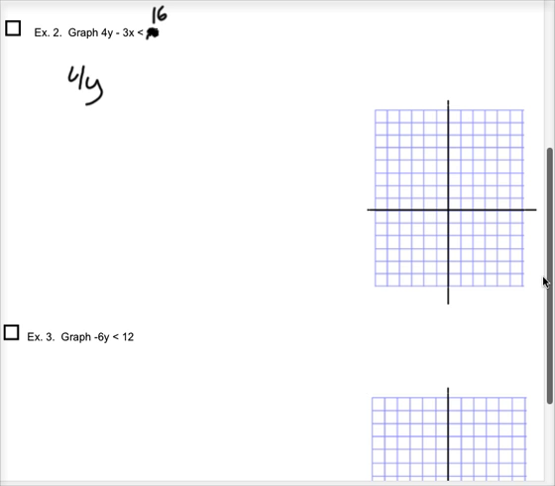Now, the problem here, as you probably know, is in order to graph this, we need it in that slope-intercept form. And as of now, it's not in that proper form for us. So the first thing I'm going to do is solve this equation for y. I'm going to get it into that slope-intercept form. So what that means is I'm going to add 3x to both sides to cancel that.